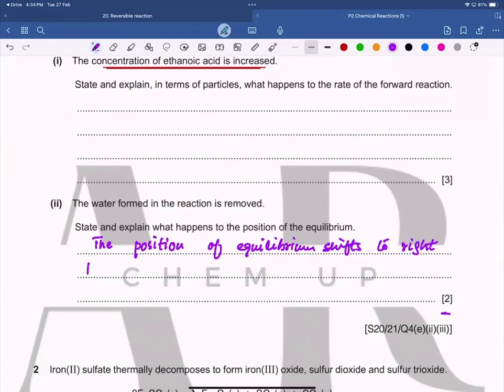So I will write: because... Yes, what were you saying? Sir, because water was removed from the reaction. Okay, good. Because water is removed. So what was the Le-Chatelier principle?